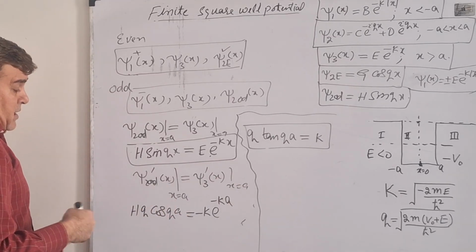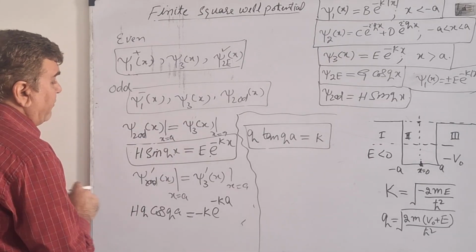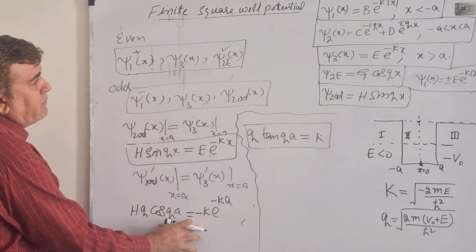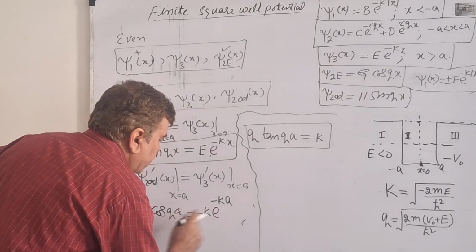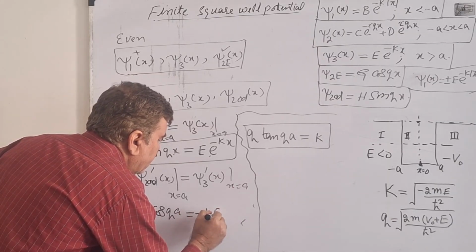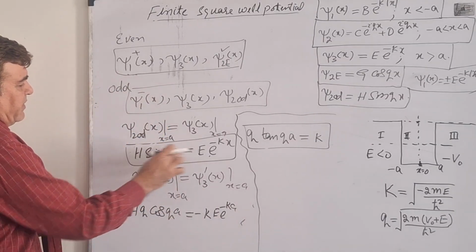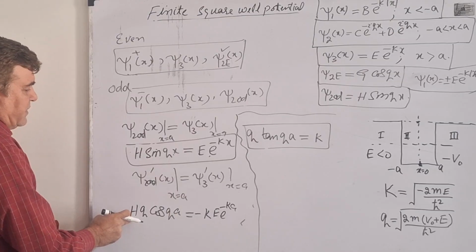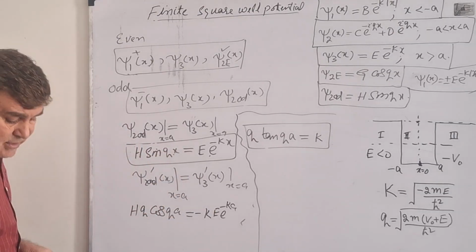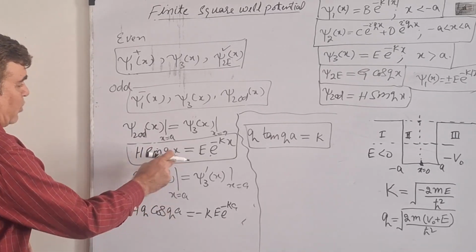And now again, I have two equations for the odd function, one this equation and the other this equation. And I missed writing e. There is e. Let me write the e as well. So I have minus k e exponent minus ka. And in both equations, we have the integration constants. H is an integration constant and e is an integration constant. And I can eliminate these constants by dividing this equation with this equation.